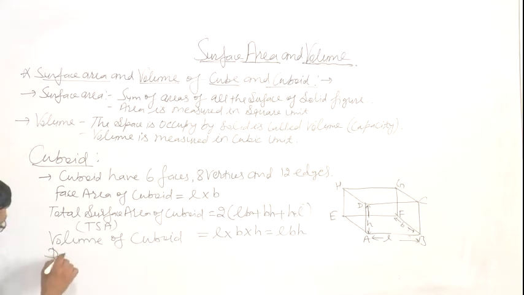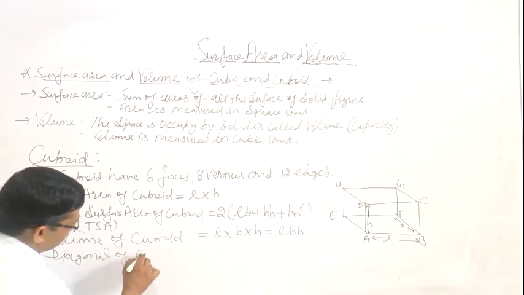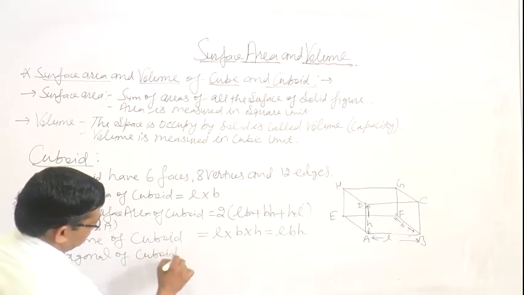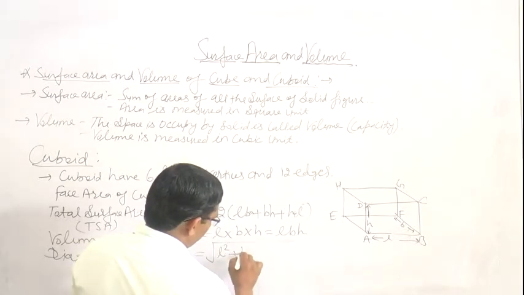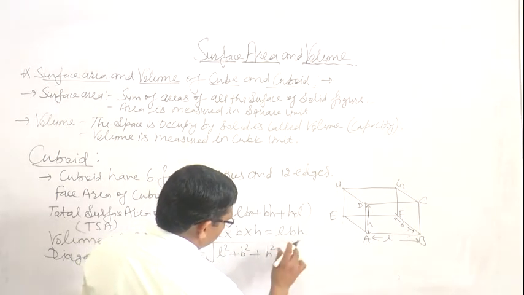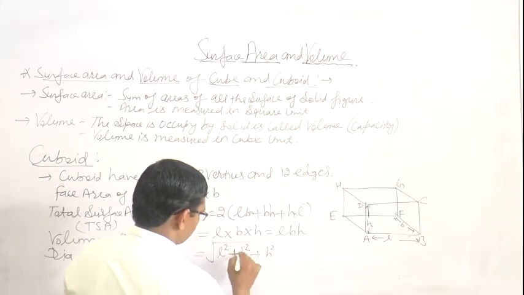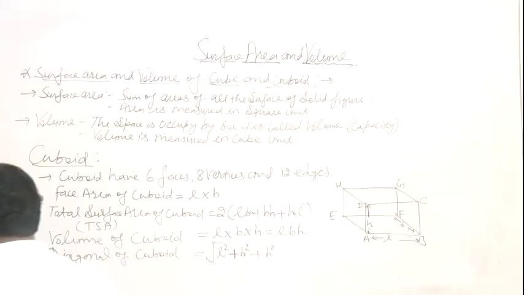Then diagonal. Diagonal of cuboid is equal to square root of L square plus B square plus H square.